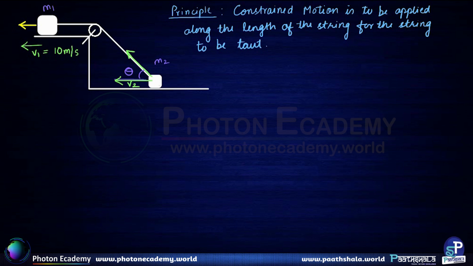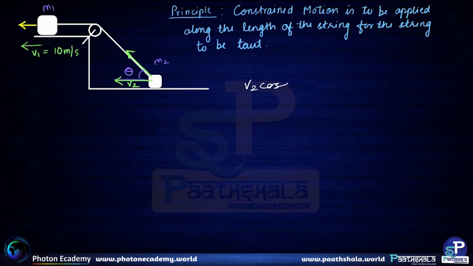Since the string is taut, v2 cos theta is equal to v1. Therefore v2 that has been asked is equal to v1 upon cos theta.